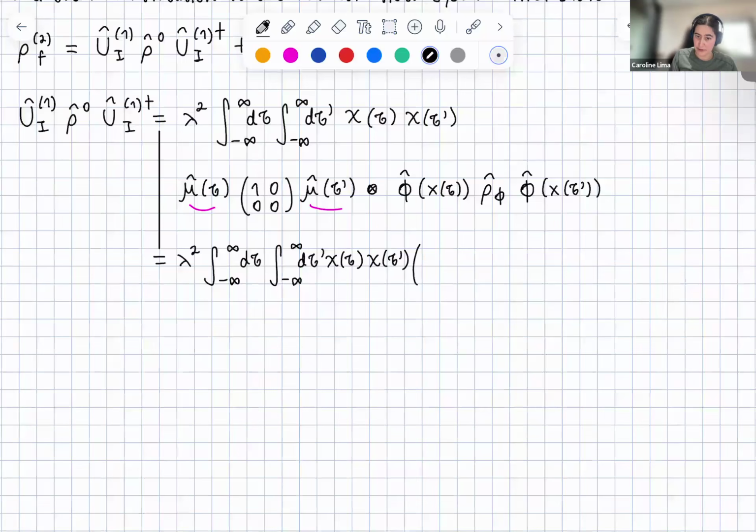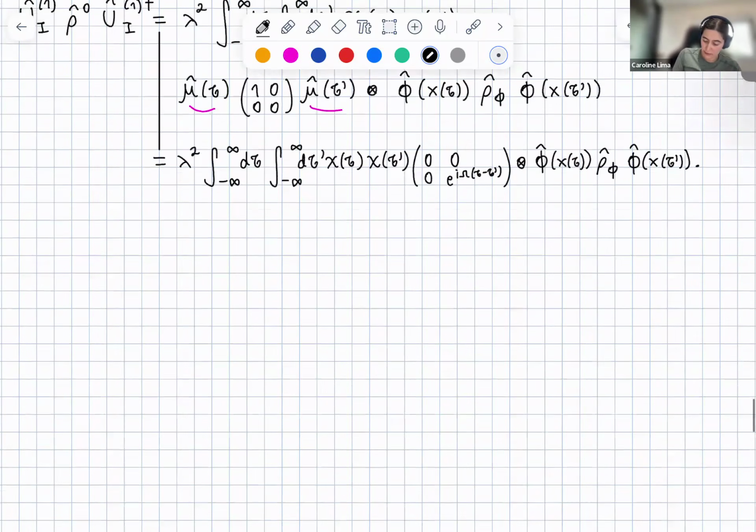Then the matrix that I'm going to get is going to be 0, 0, 0, and then here I have e to the i omega (tau minus tau prime). Okay. And then in the field degrees of freedom, what we have is phi of x of tau, rho phi, phi of x of tau prime, right?